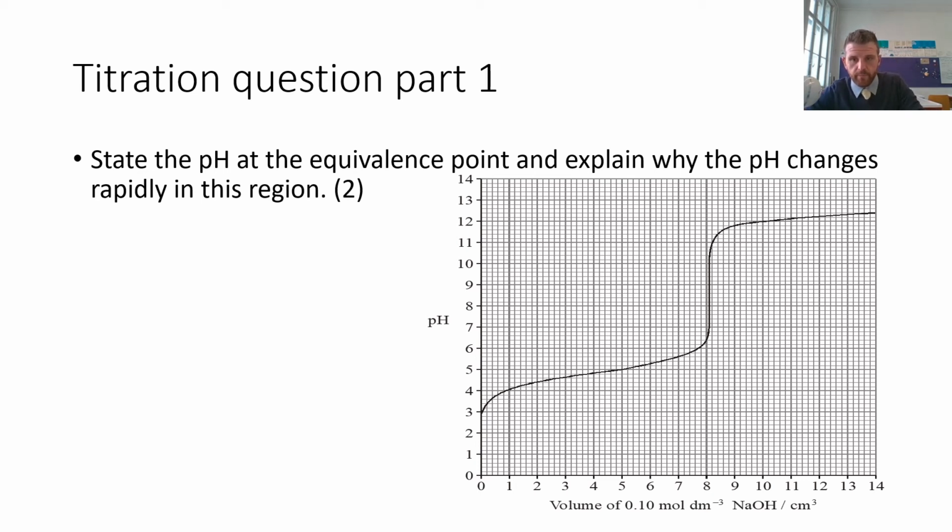So what they're looking for is you to understand that the equivalence point is going to be about the midway point of this huge peak. So it looks like at about 8 centimeters cubed you get to a pH of 9. So pH is equal to 9.